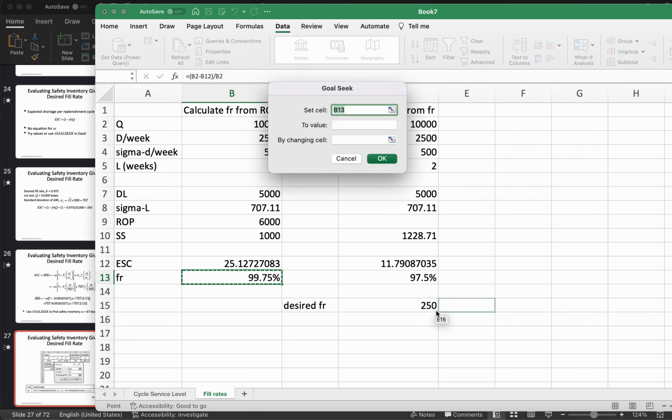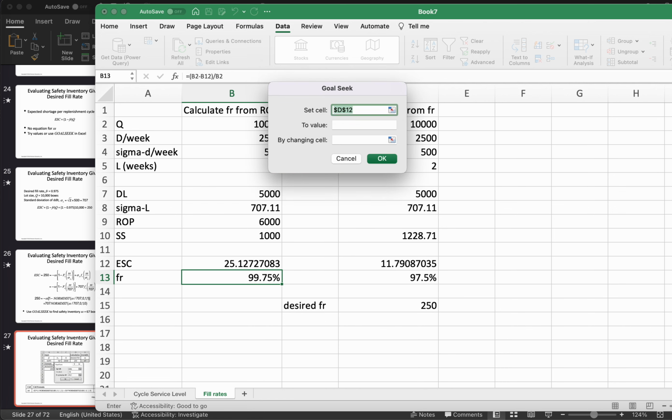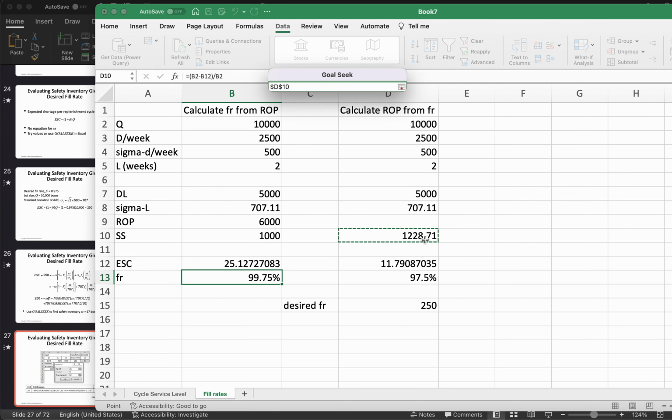So we want to set this cell to 250, by changing this cell.